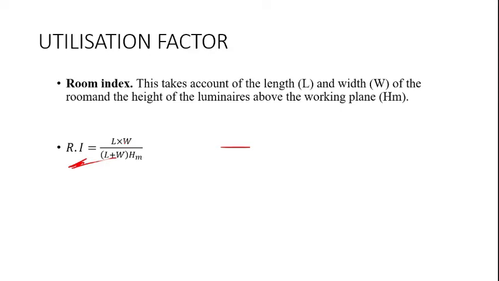They will specify the length and width of the room in the manufacturer's data sheet. They will also tell you that this luminaire gives maximum performance, or uniform illumination, a high uniformity ratio, if you mount it at a particular height or in a particular range of mounting height.